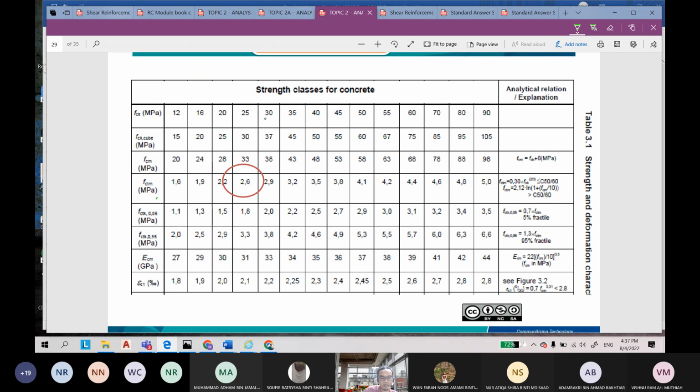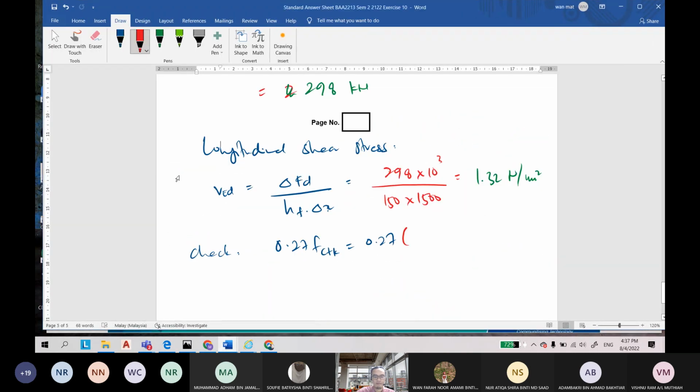For concrete grade 30, the value is this one, 2.0. So it is equal to 0.454 Newton per millimeter square.